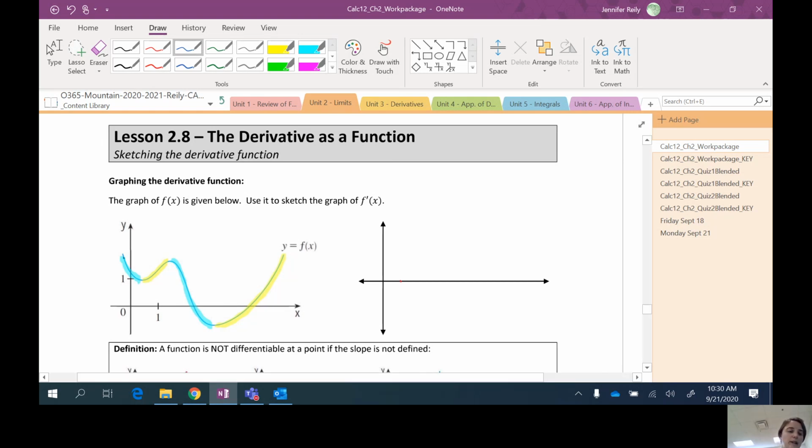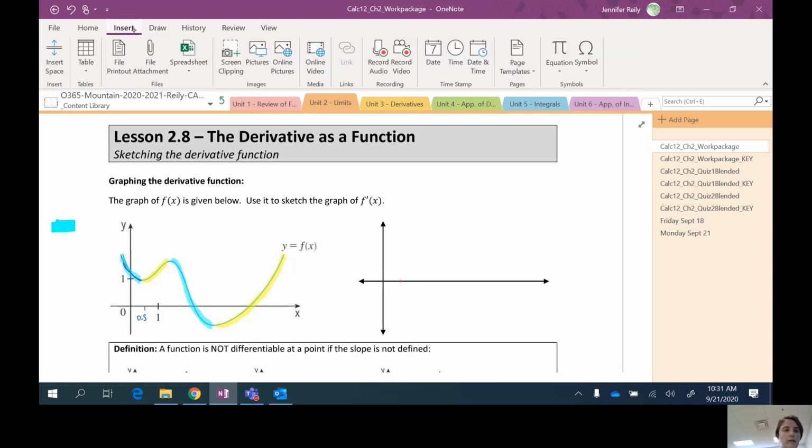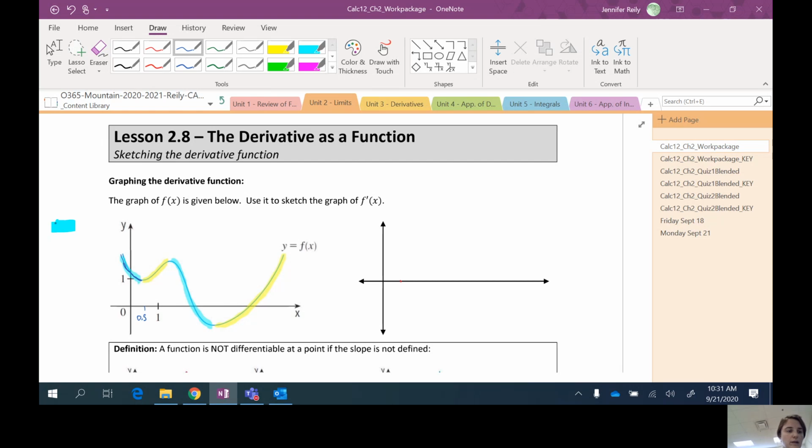So for example, for this beginning part of the function, until we get to, let's say, 0.5 here, the function is decreasing, which means the tangent line would have a negative slope. That's why I've labeled it in blue. So in blue, f of x is decreasing, so f prime of x would be negative or less than 0.